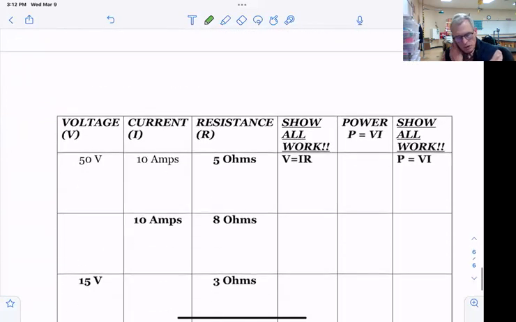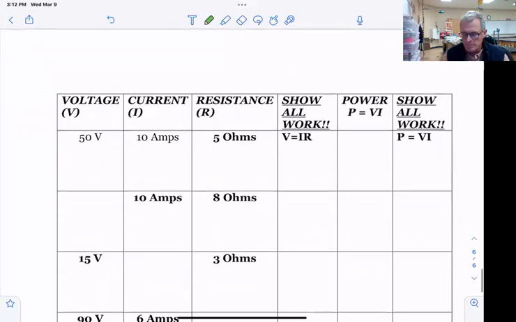Now I'm going to talk a little bit about the next page, and I'll give you an example. This is just a table, and the table shows Ohm's law, V equals IR. It also shows the equation for power. Power is equal to the voltage times the current. The first one's kind of solved for you a little bit, but I'll do it and show you.